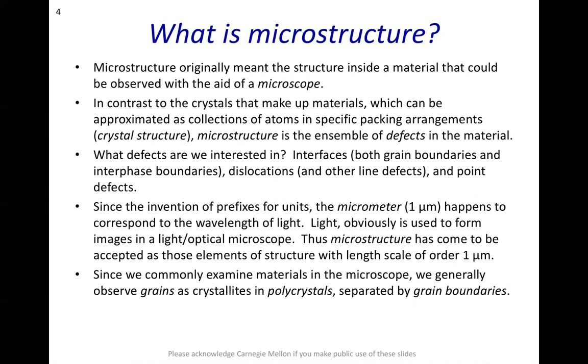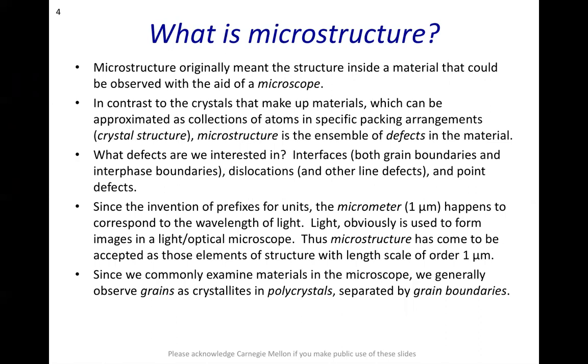Microstructure is really a super important concept. And I've sort of skirted around this issue for most of this class, right? Microstructure sort of originally meant anything that can be observed with the aid of a microscope, right?